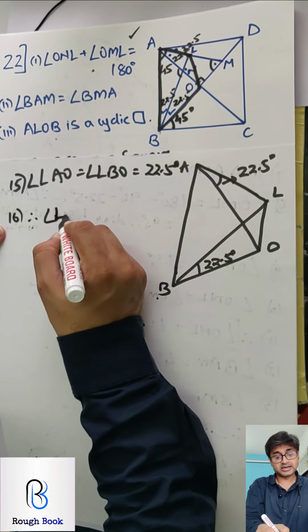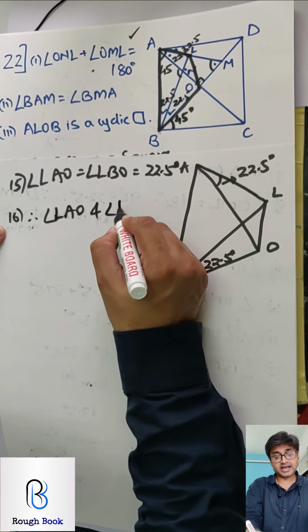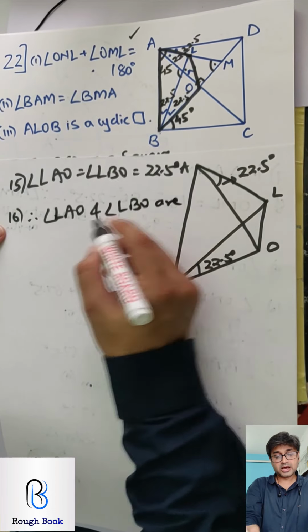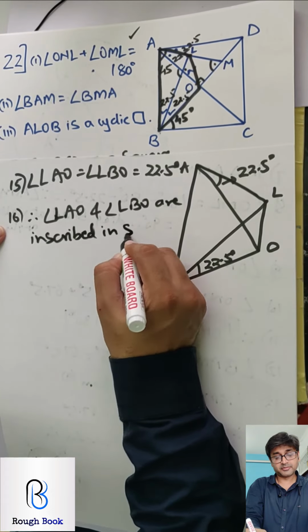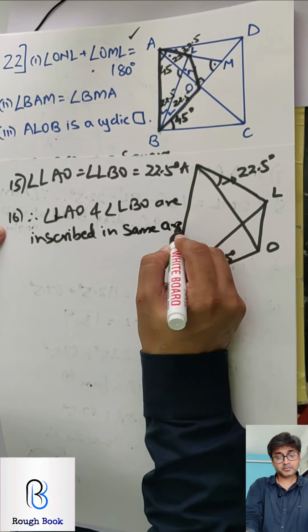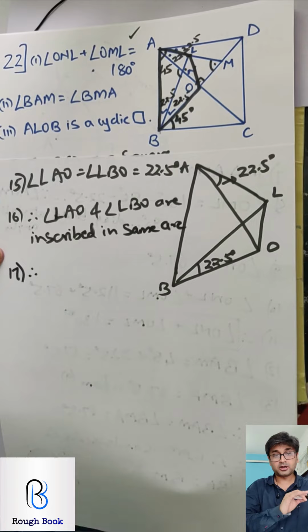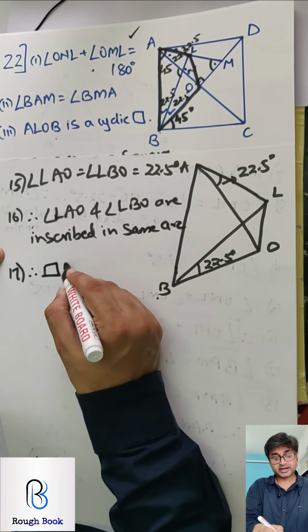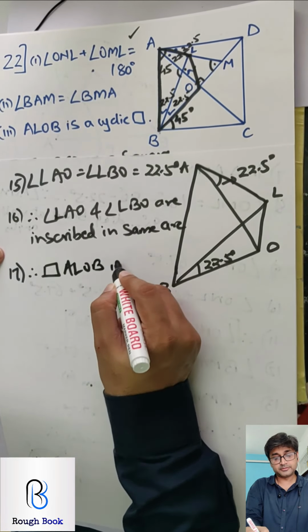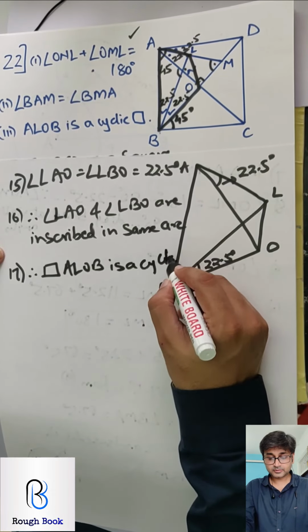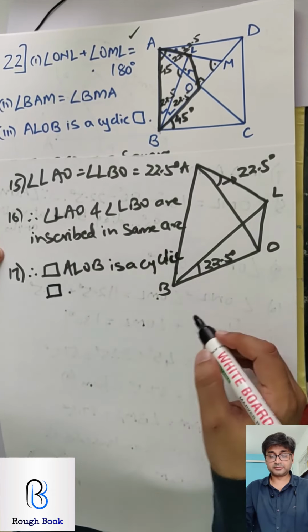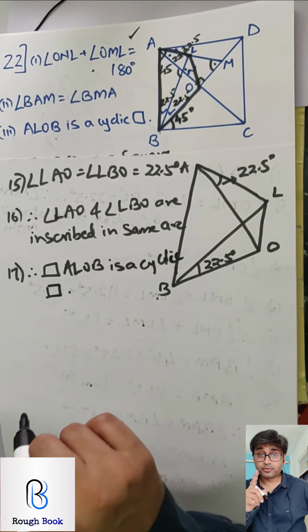Therefore, angle LAO and angle LBO are inscribed in the same arc. And since they are inscribed in the same arc, no more reasons required. Directly I will say ALOB is a cyclic quadrilateral. Got it now? Very important sum.